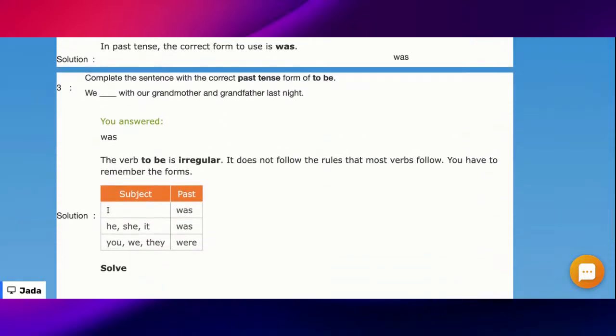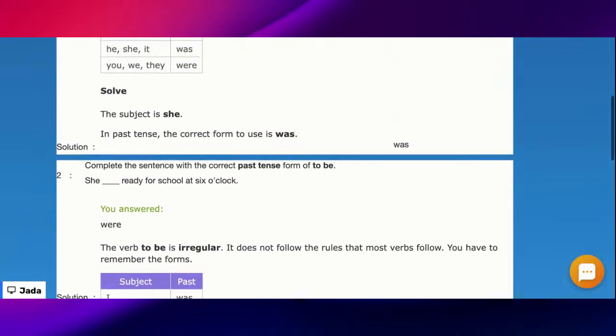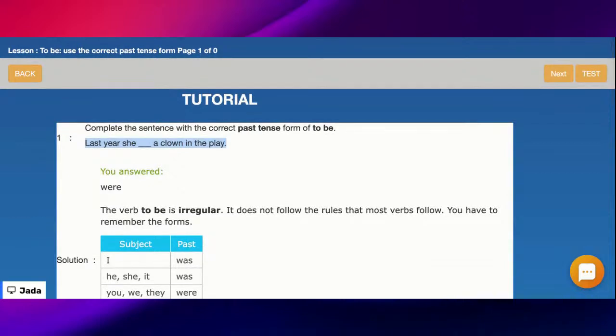We dash with our grandmother and grandfather last night. So "we" goes with were. So we were with our grandmother and grandfather last night. Okay, let's look at some more examples. I dash mean to my little brother.